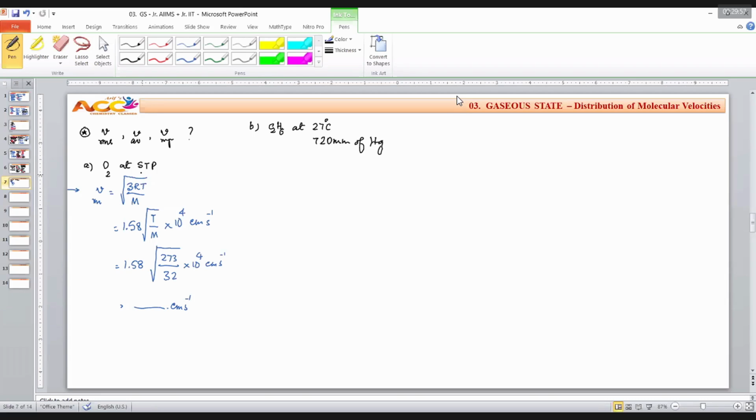Sir, here it is given as 760 millimeter, here it is given as 720 millimeter. Okay, no problem. Always we talk about RMS velocity preferentially with respect to temperature, because yesterday you said there is no effect of pressure on RMS velocity. Are you able to enjoy the concept? Yes. Vrms is equal to 1.58 under root T by M into 10 power 4 centimeter per second.